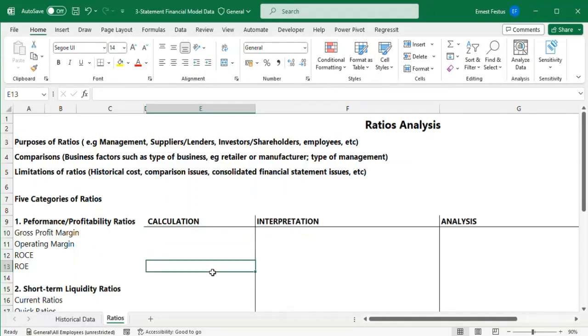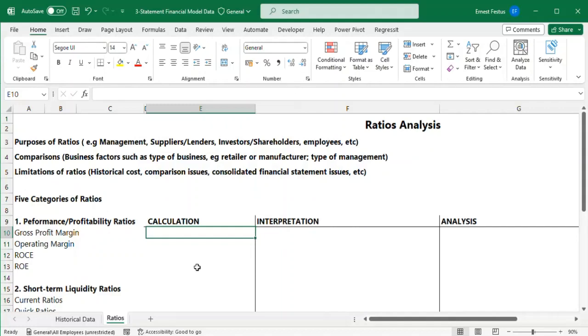And then we also have another limitation which applies to consolidated financial statements analysis. So what we mean here is that sometimes the poor performance of a subsidiary might be masked in the consolidated financial statements.